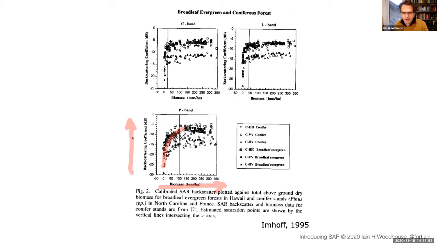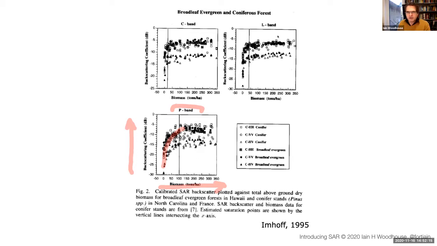So how bright were the pixels? And what you see is that for P-band, the longer wavelengths at the bottom here, certainly up to about 100 tons per hectare, there seems to be a fairly good correlation between the increasing biomass and the increasing backscatter.